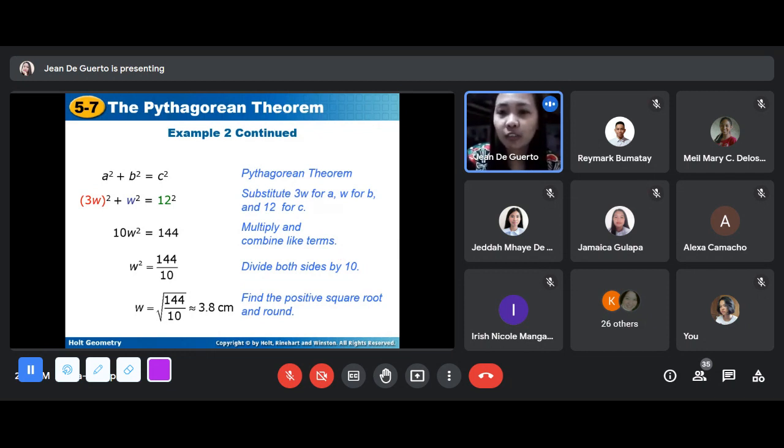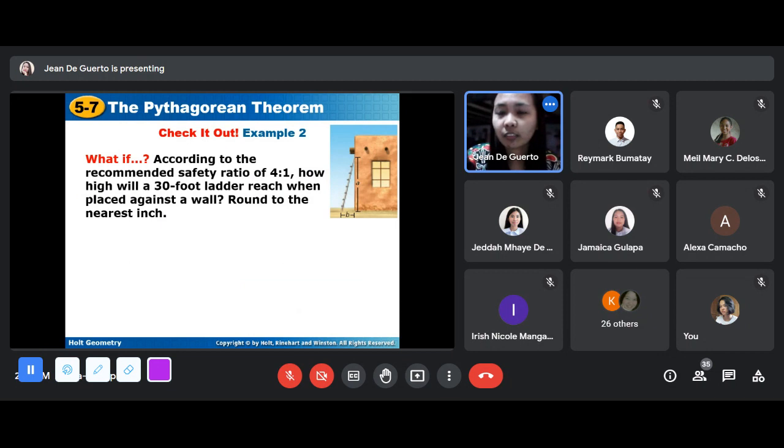Another example. Ayan. So according to the recommended safety ratio of 4:1, how high will a 30-foot ladder reach when placed against a wall? Round to the nearest inch.